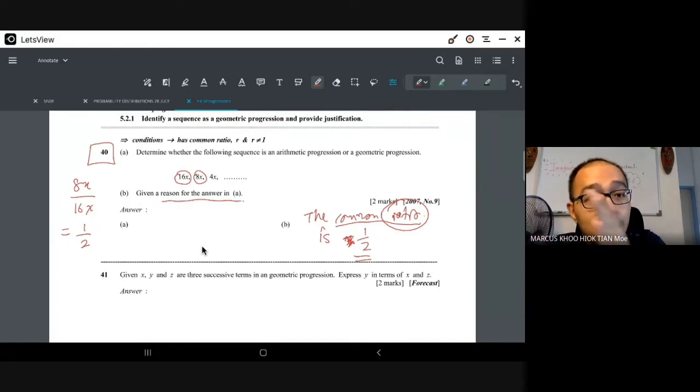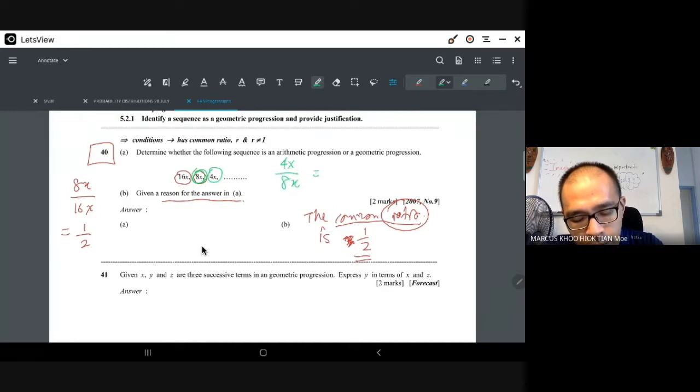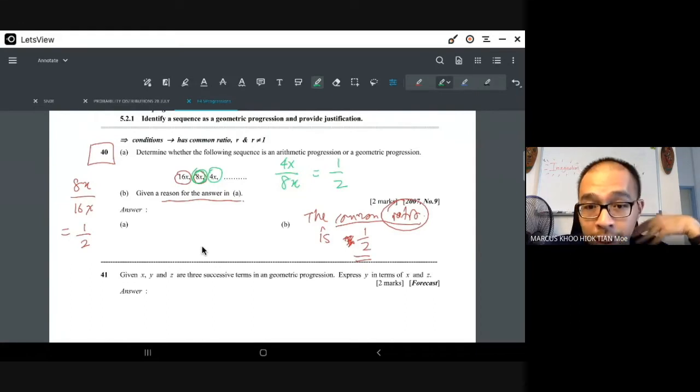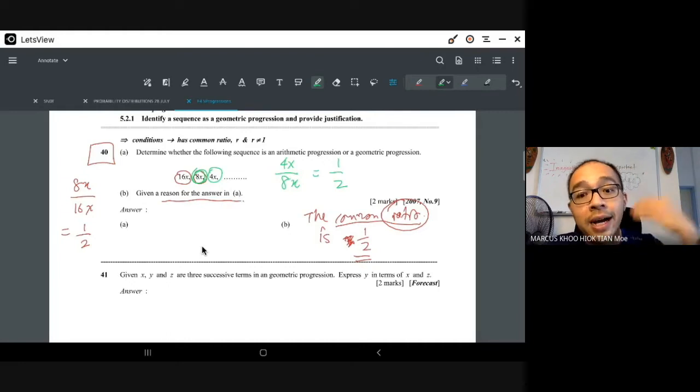So, however I do it, even if let's say I choose the third divided by the second, 4x over 8x equals also 1/2. Just like arithmetic progression, how do we find the common difference? The one in front minus the one at the back. Same with this. How do we find the common ratio? The number in front divided by the number at the back.